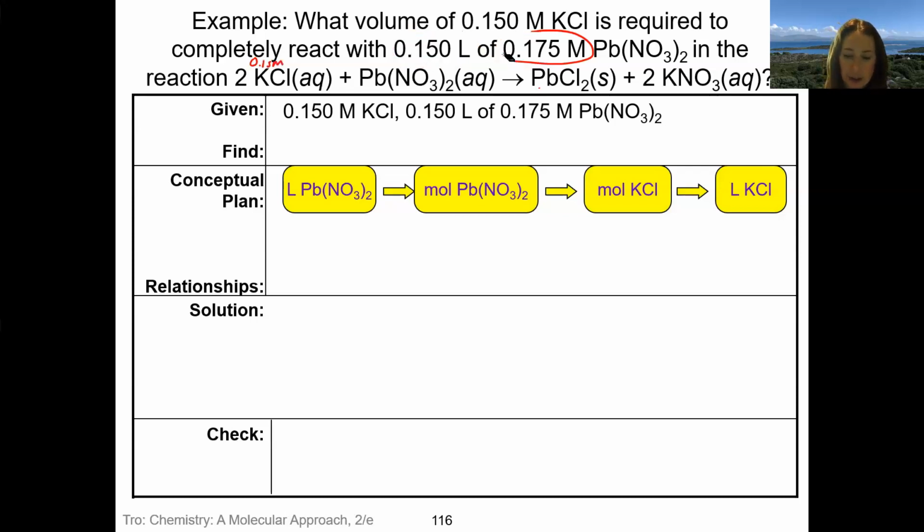So I'm just going to try and write this here. I have 0.15 liters of this, and I have 0.175 molarity. So this is really all we need to solve our reaction here.